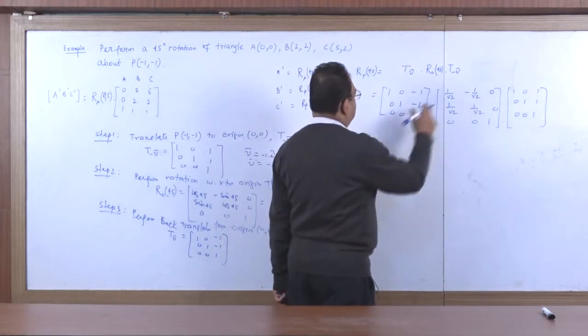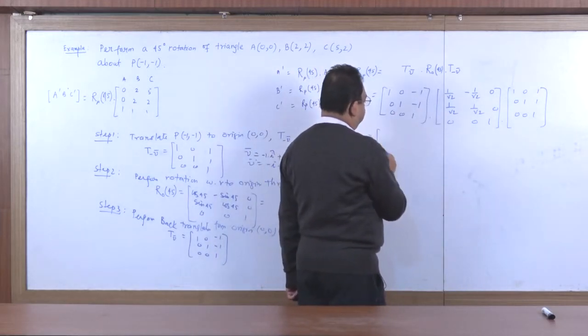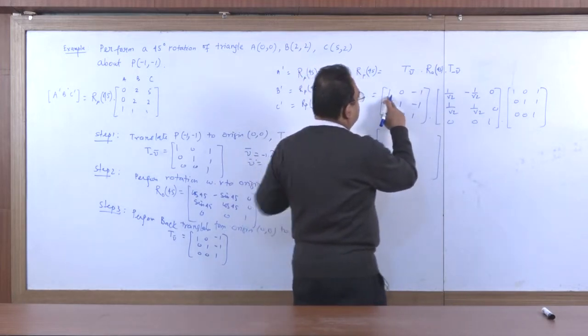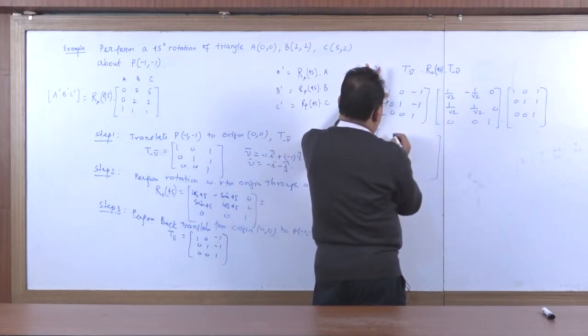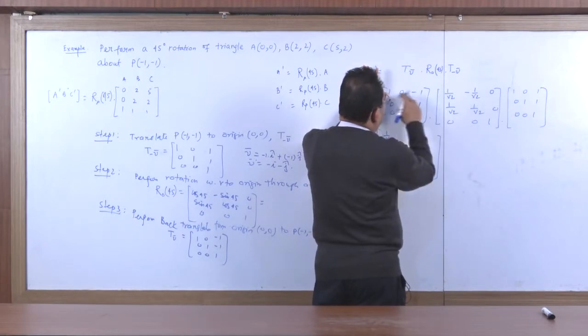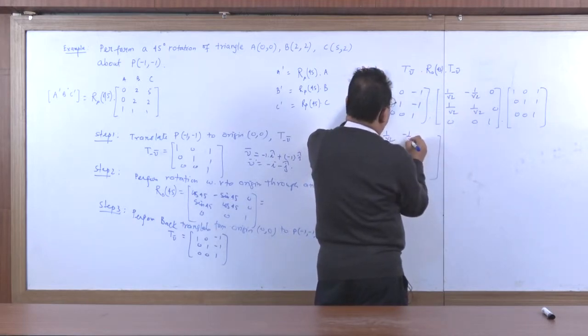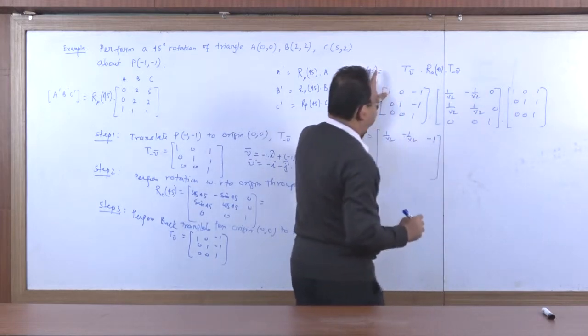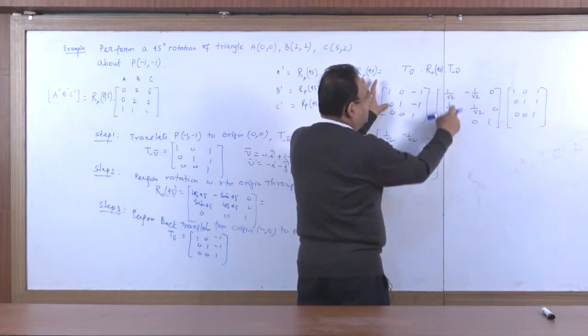So, if we multiply these 2, we will get this into this. So, only 1 by root 2 is there, then this into this minus 1 by root 2, then this into this is minus 1. Then we are multiplying this into this.